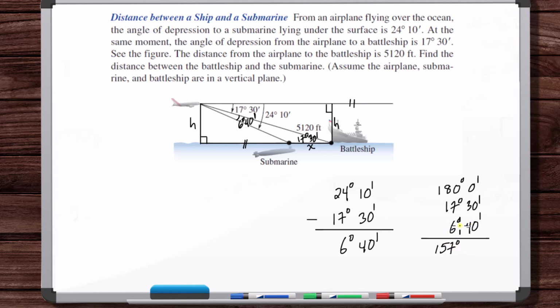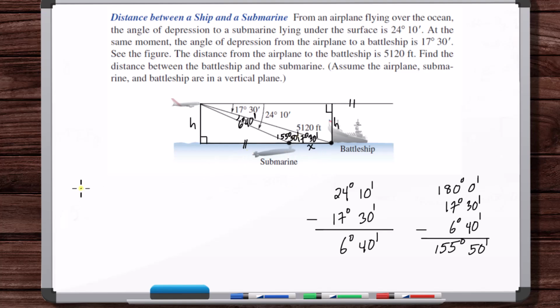Then subtracting the minutes, you take away 30 from 180, then you're at 179 degrees, 30 minutes. You take another 40 from 180, then you're at 178 degrees, 50 minutes. So 178 minus 17 minus 6 is 155 degrees, 50 minutes.